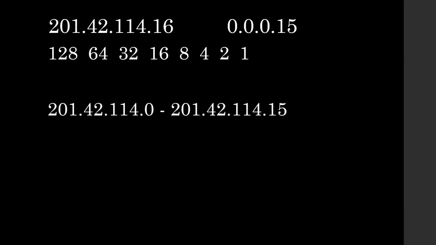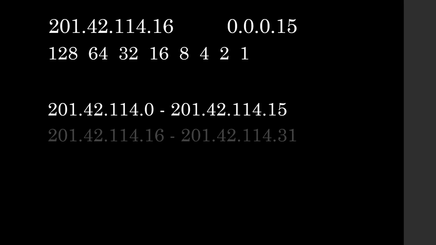Then we have to determine the increment. The increment here would be 16. From reverse subnetting, you get the subnet mask of 28, and the increment of subnet mask 28 is 16.